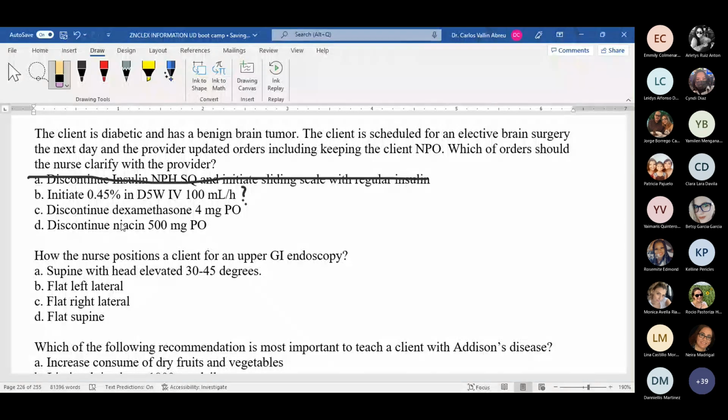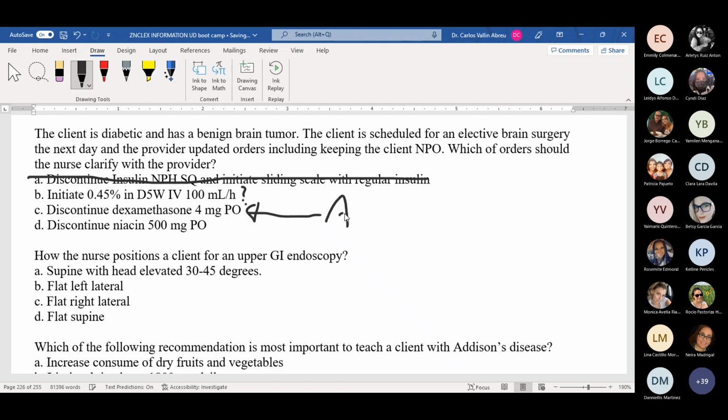Yes? Okay. And you said glucocorticoids cannot be discontinued suddenly. Why can glucocorticoids not be discontinued suddenly? Because it can produce an Addisonian crisis, an acute adrenal insufficiency.